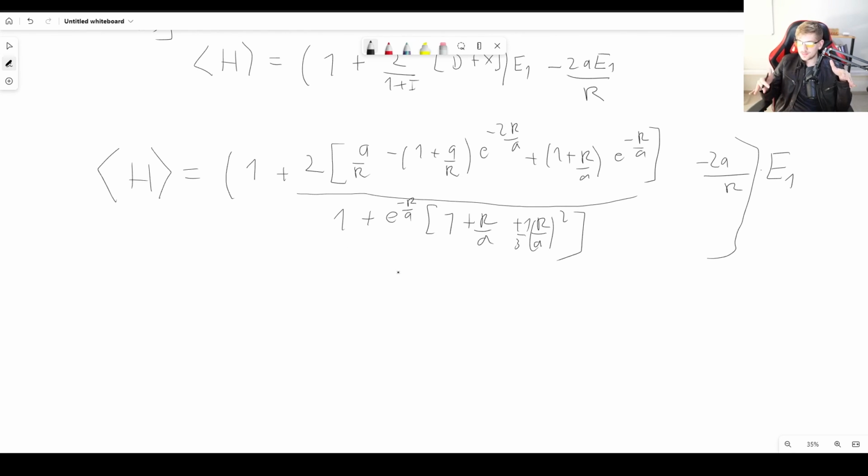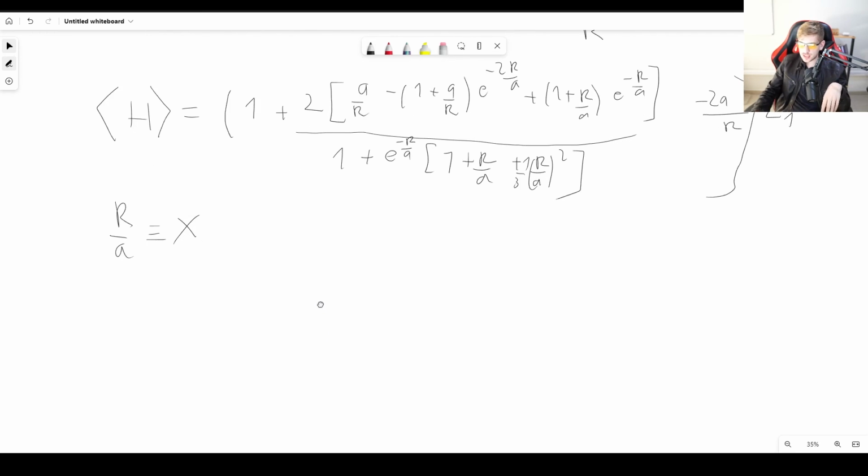Okay, so now working with this by hand is not going to be easy. So let's write it out a little bit cleaner, and then use software to study the equilibrium point. Look at it, there's r over a, r over a, r over a, r over a, and r is our variational parameter. So let's call r over a x. That way we can clean up the notation a little bit and we get the following.